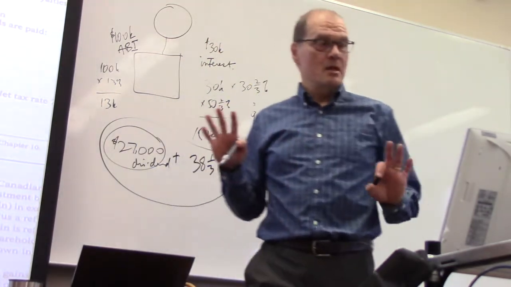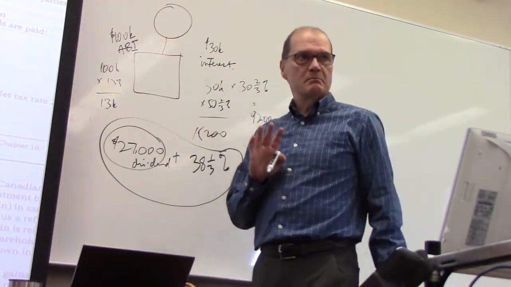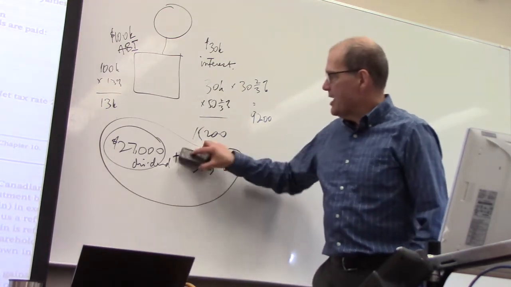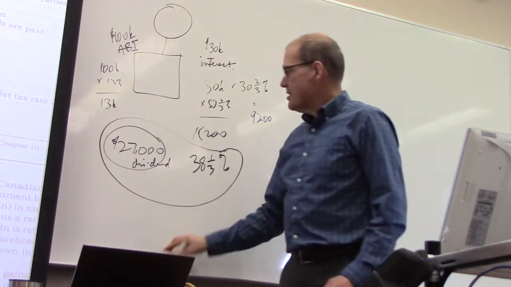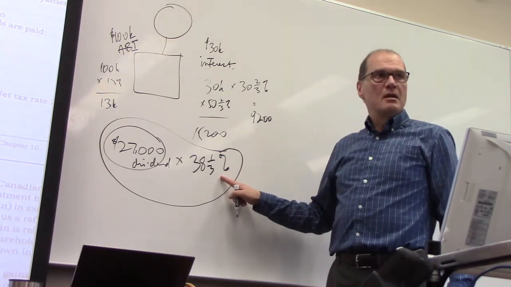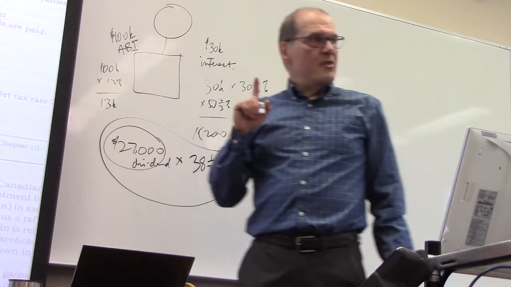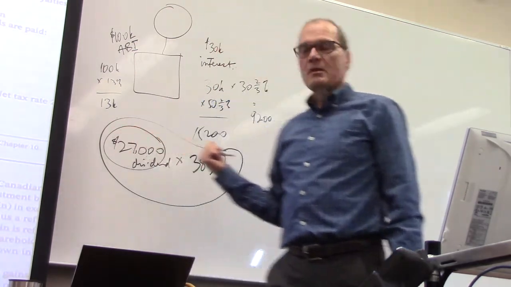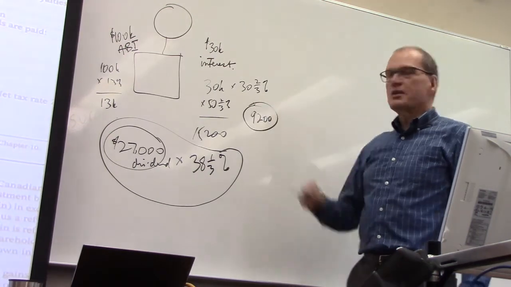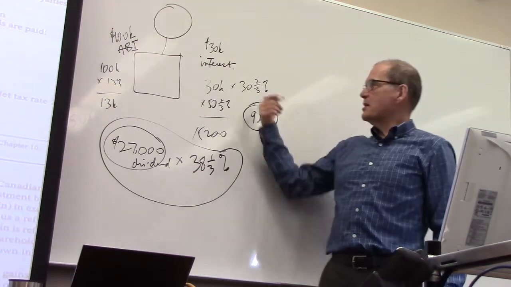But in the meantime, take my word for it that the amount of dividend refund that we're going to get is $27,000 times 38 1/3. The lesser of this amount, and how much potential dividend refund we've got waiting for us based on this calculation.